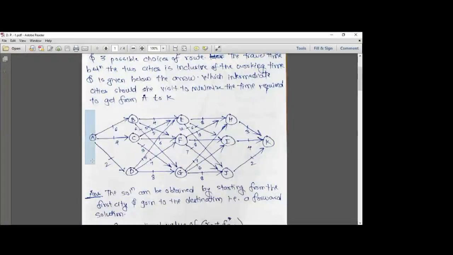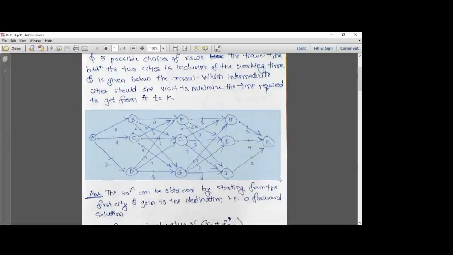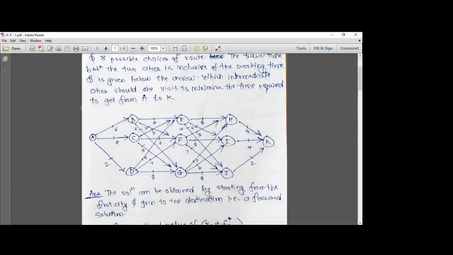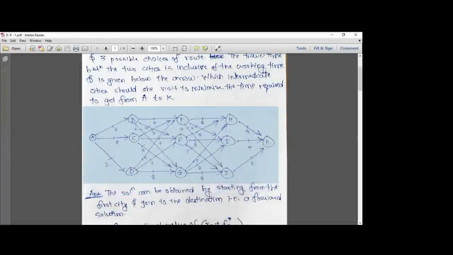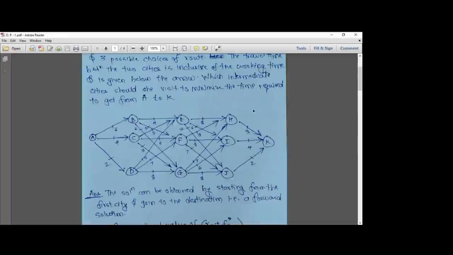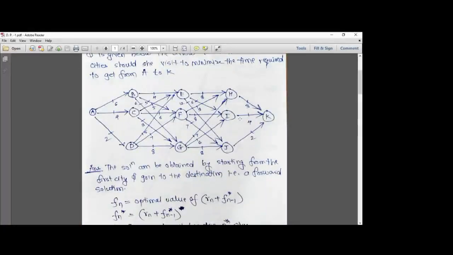This is a simple problem where, with a small aptitude or use of your brain, you can go from A to K with the minimum value. But that is not expected when a complex problem comes.